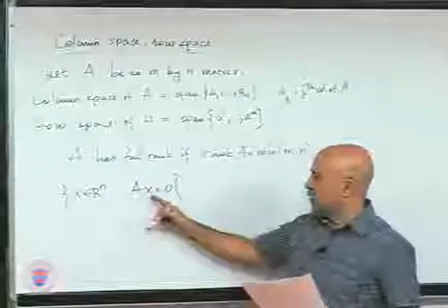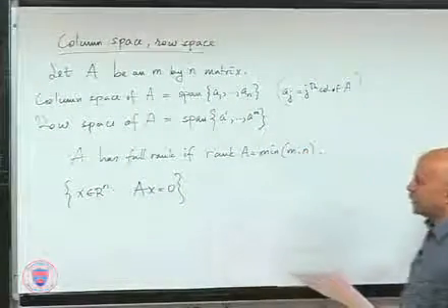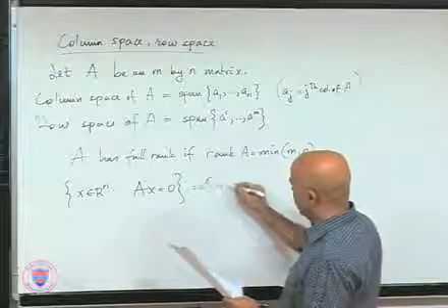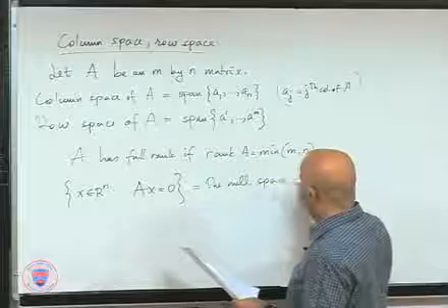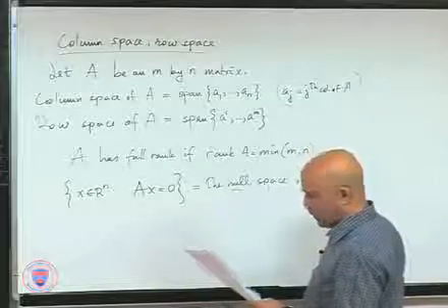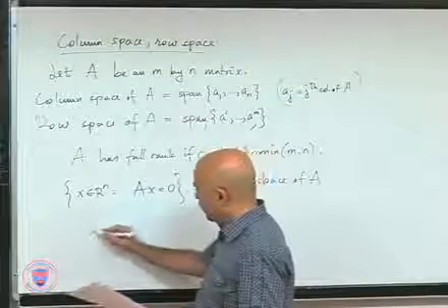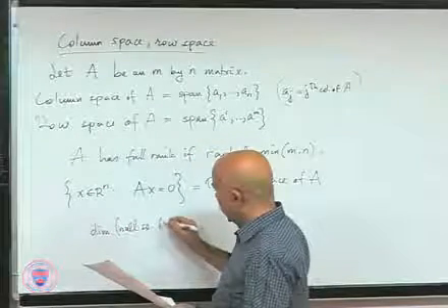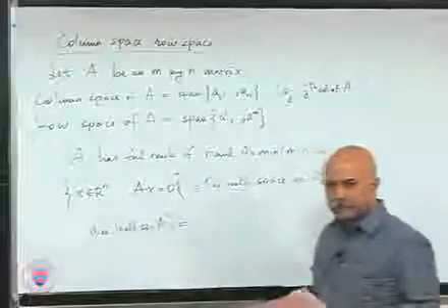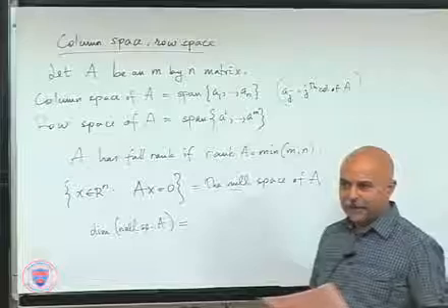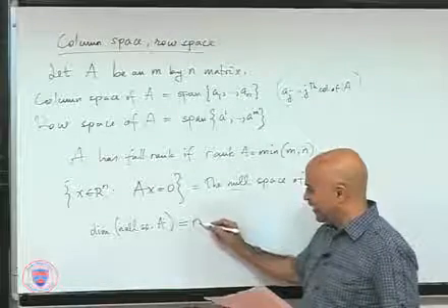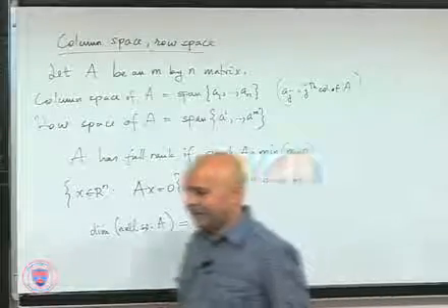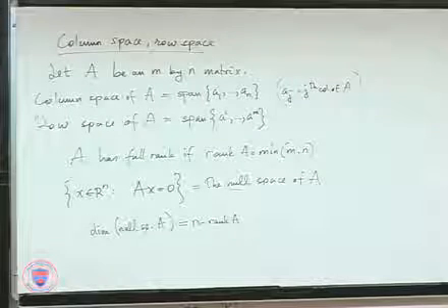If you take Ax equals 0, the set of all such x's gives you the null space of A. The dimension of the null space of A is how much? n minus the rank of A. Pardon?